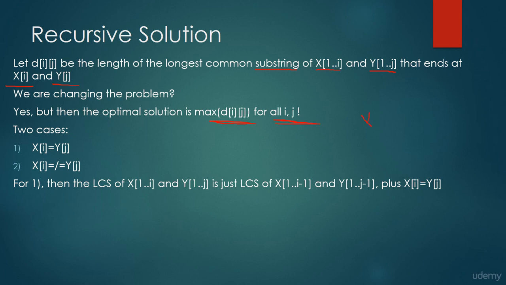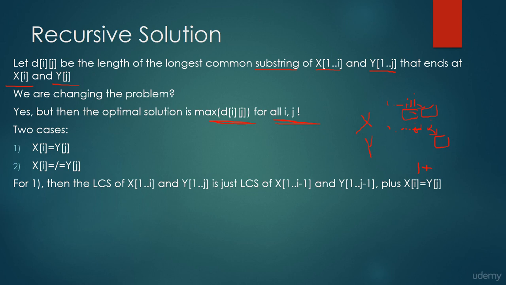So if this is x, going 1 all the way to i, and this is y, going 1 all the way to j, and these two elements are the same, then the longest common substring ending at xi and yj is 1 plus the longest common substring ending at xi minus 1 and yj minus 1.